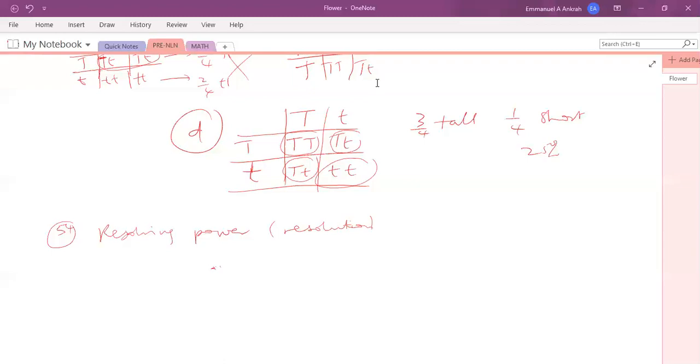It says a cross between a plant with red flowers and one bearing white flowers produces offspring, all of which have pink flowers. This is an example of A, incomplete dominance, B, Mendel's law of independent assortment, C, Mendel's law of segregation, and D, sex linkage.